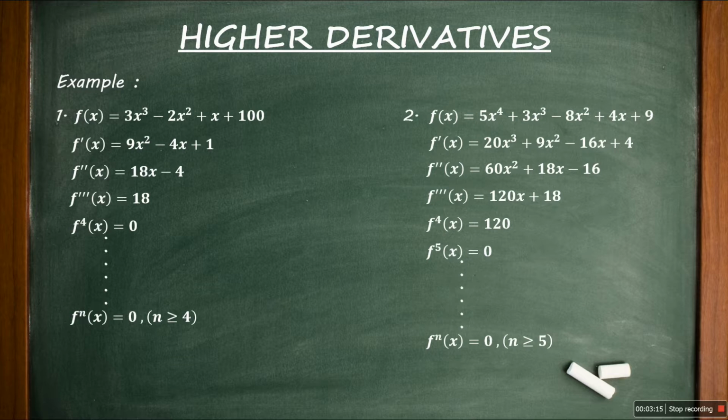The third derivative is 120x plus 18. And the fourth derivative we will only get a constant, which is 120. And starting from the fifth derivative until the infinity nth derivative, we will only get 0 for the answer.